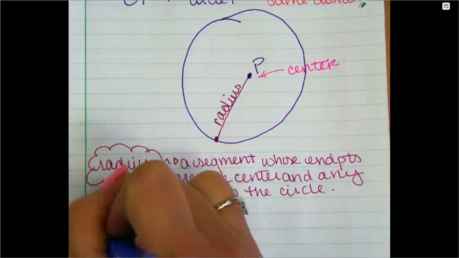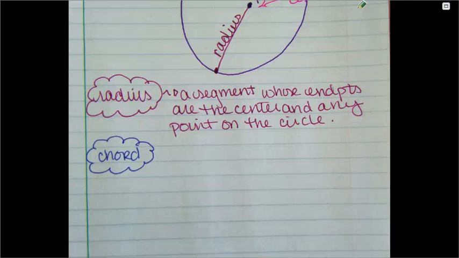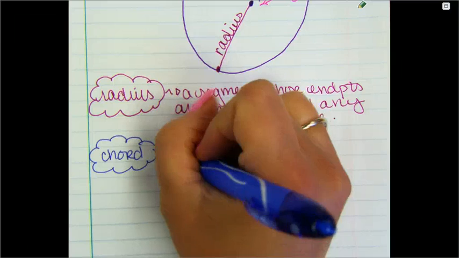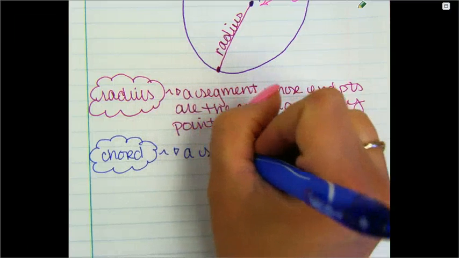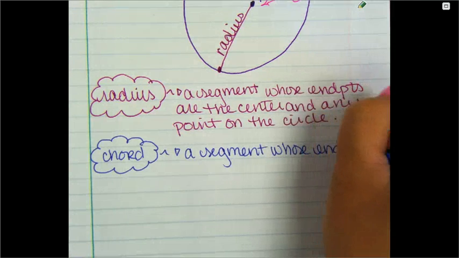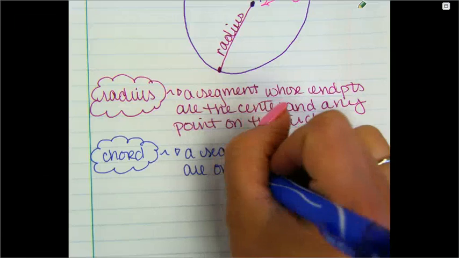Next word is chord. This word chord is spelt differently than the chord you're actually talking about when you plug in something. Okay? This has an H in it. A chord is a segment whose endpoints are on the circle.